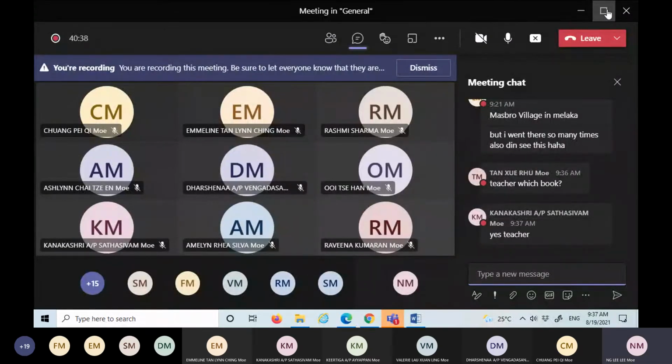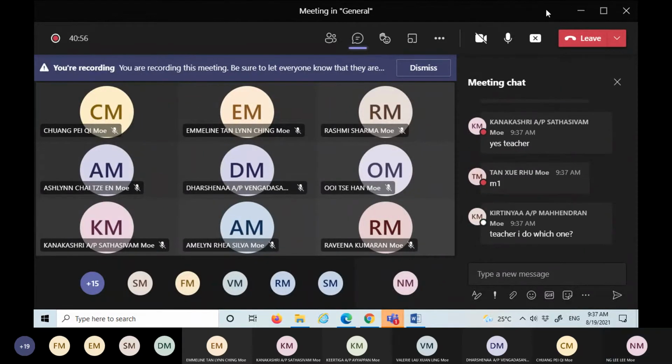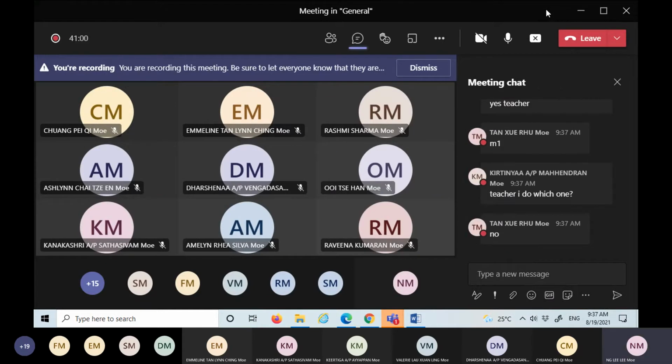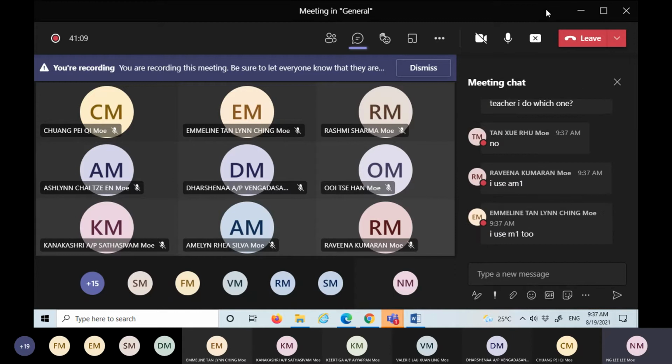Which book? Cheryl, you are asking which book? Because this is a new topic, now we change book. Previous topic, which book were you using? M1 is for the previous topic. Teacher, which one do I do? Wait, Kritinia, wait. I use M1.